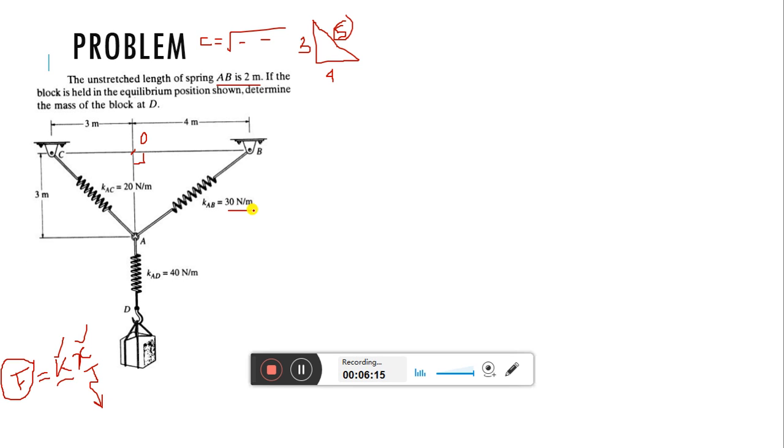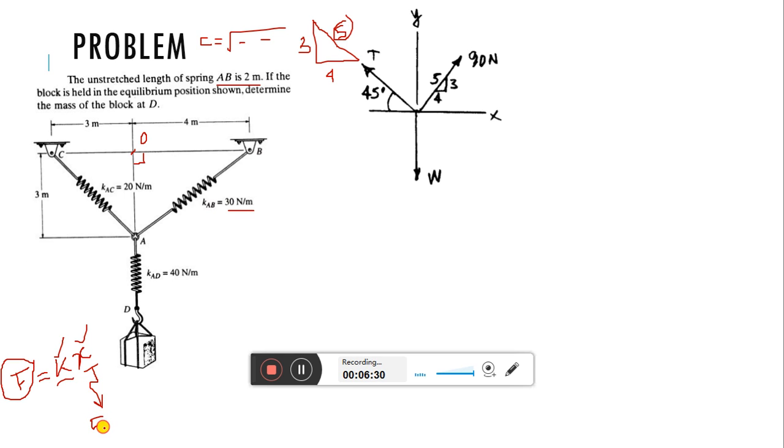So this is the way how you can progress. So let us see. Okay, so in this way if you calculate, what is the value of x? Extended length is 5, original length is 2, so it is 3.